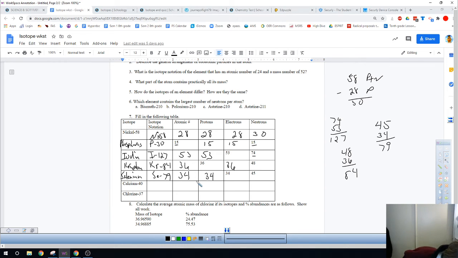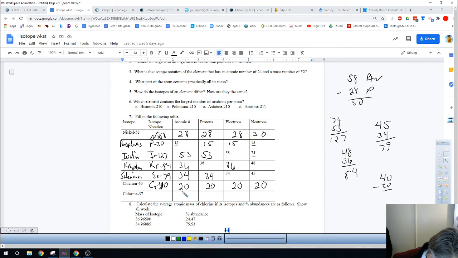Oh, I'm sorry, I said chromium. Calcium is going to be Ca, and its atomic number is 20. Its mass is 40, so that'll be its isotope notation. Its atomic number is 20, so it's going to have 20 protons, 20 electrons, and 40 minus 20 should give us 20 neutrons.